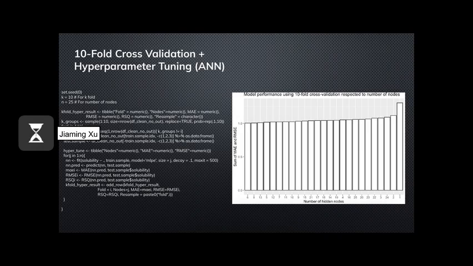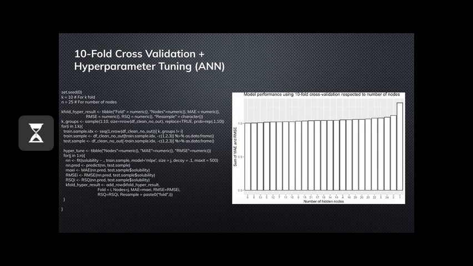On this slide, I want to show you how I did the hyperparameter tuning for the artificial neural network with the tenfold cross-validation method. The left-hand side is the code. I don't want to dive too deep into it. We can just look at the right-hand side. This graph shows the sum of MAE and RMSE as a function of the number of hidden nodes.